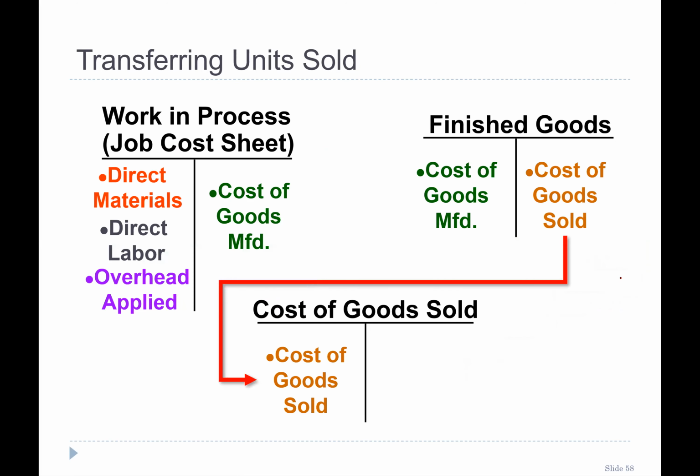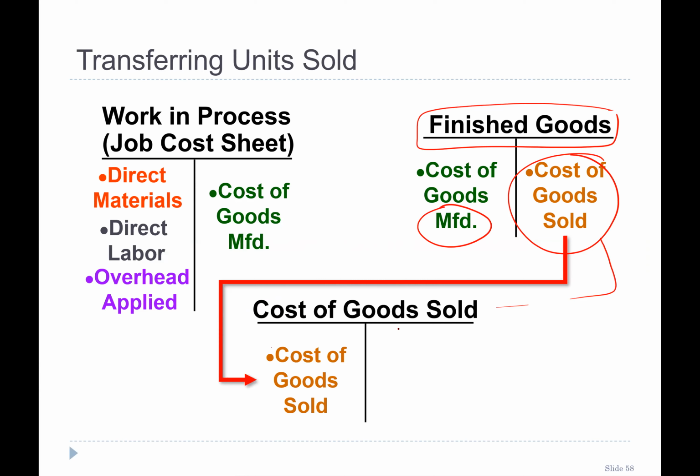And now when the goods are sold, so remember this is goods manufactured, not all the amount is going to be sold, or all the goods are going to be sold, right? Some of them are going to be sold. When some of them are sold, then these will go to our expenses.